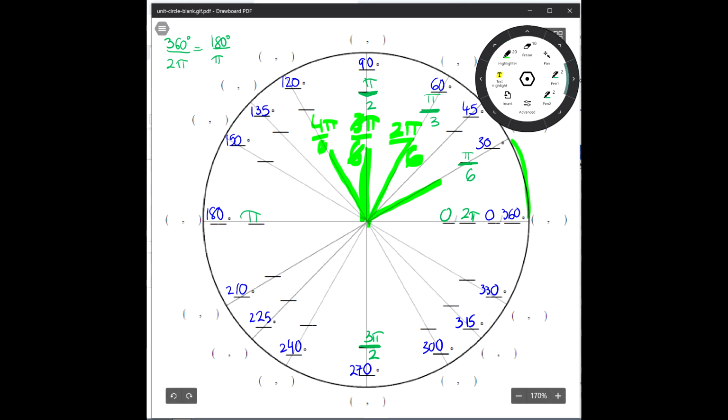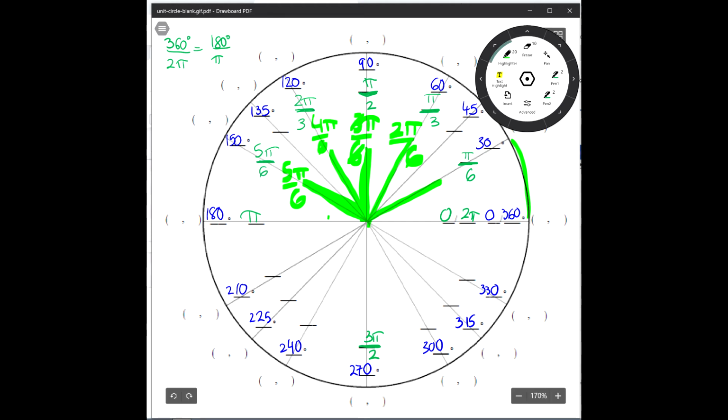If we reduce both by 2, we get 2 pi over 3. Next chunk, I get 5 pi over 6, and I cannot simplify 5 pi over 6 anymore, so this one will be 5 pi over 6.